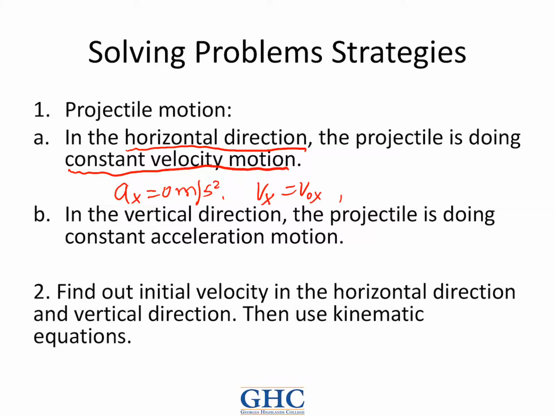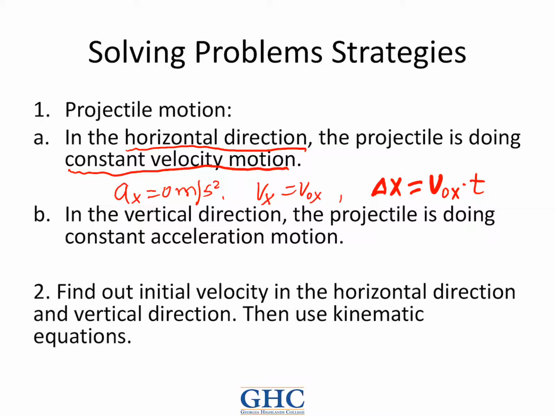And the kinematic equation we're going to use in the x direction is always displacement equals initial velocity in the x direction times time. So that's the only equation we're going to use in the horizontal direction.